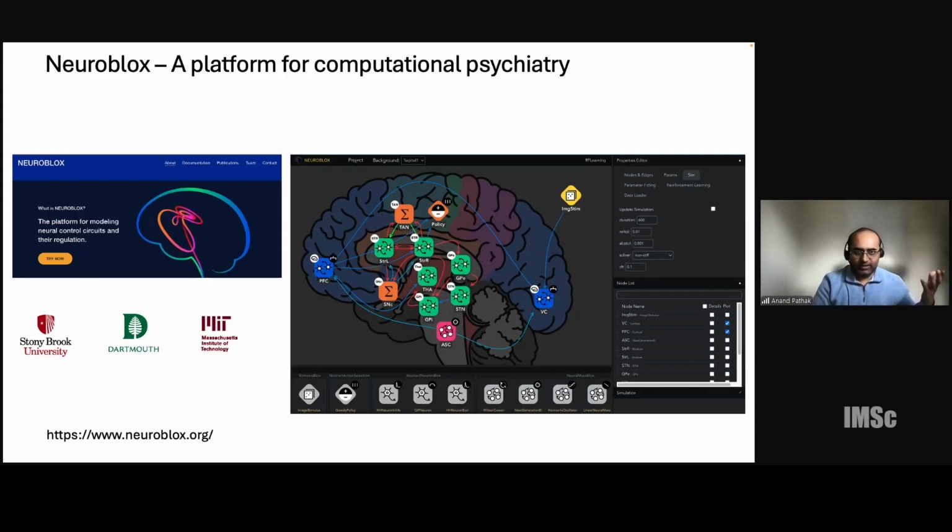You can go and check it out. It has tutorials. It has a self-paced course. It's a modular modeling tool, so you can actually build neurons or brain regions and connect them and play with them. And it can also help you analyze the actual brain data with scientific AI tools.